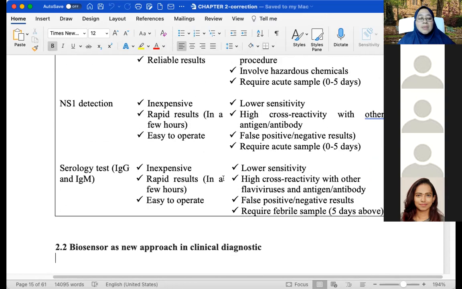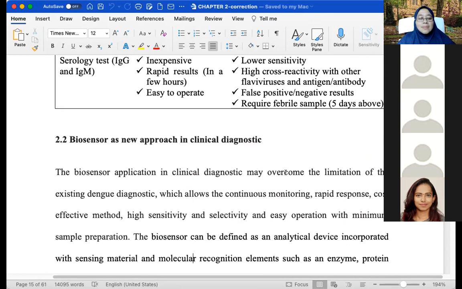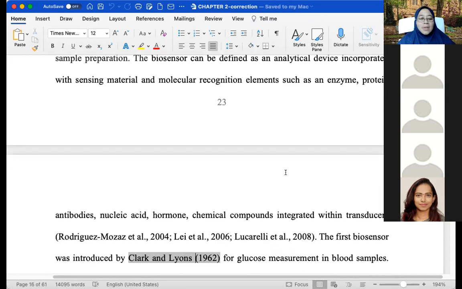From there, he justifies that a biosensor is a good alternative to counter and neutralize all these disadvantages.